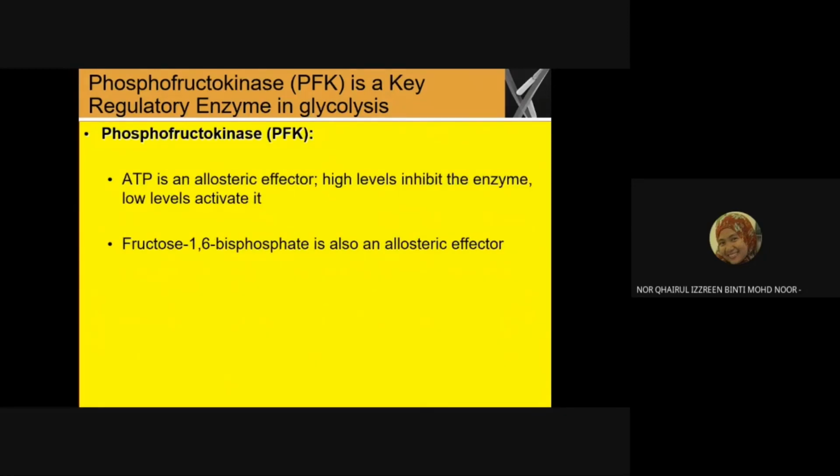So how much ATP can activate or deactivate the enzyme? How much PEP, a high amount of PEP, can activate or deactivate the PFK enzyme? So you need to really understand this PFK.